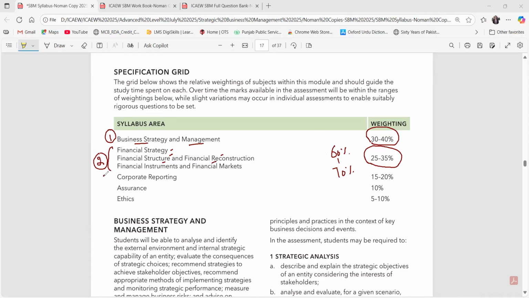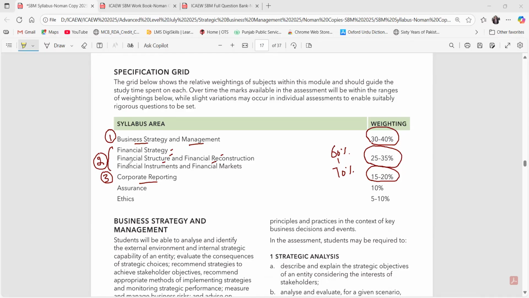Moving forward, third, we have corporate reporting, and its percentage is around 15 to 20%. If I talk about corporate reporting, there are two things you should remember because there will be two types of students.